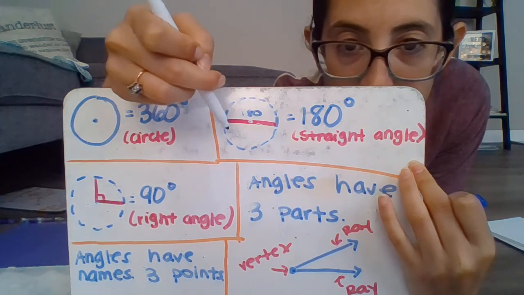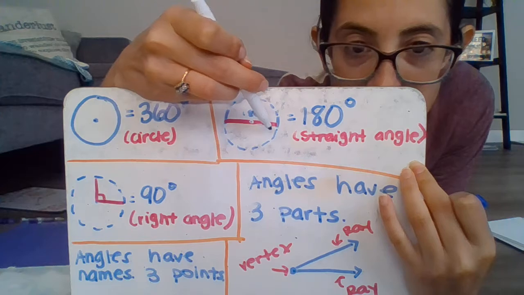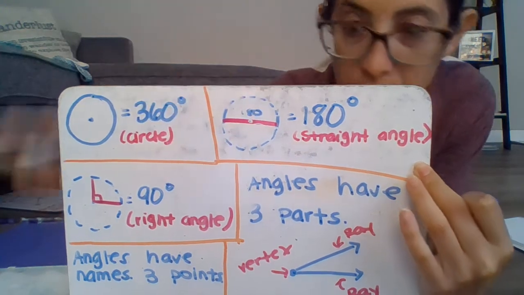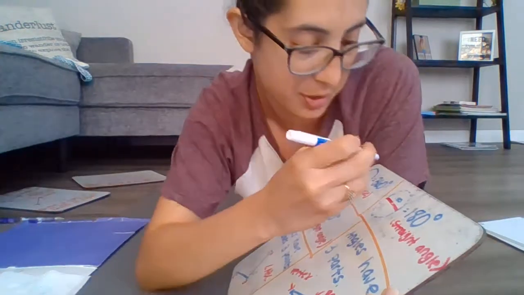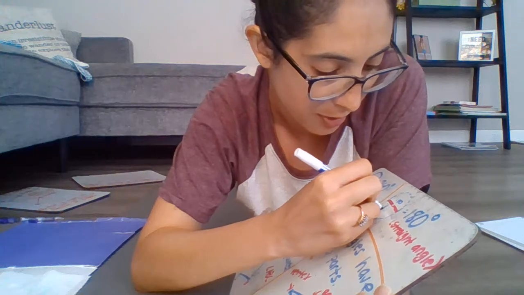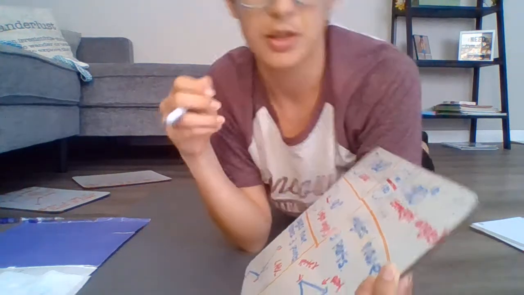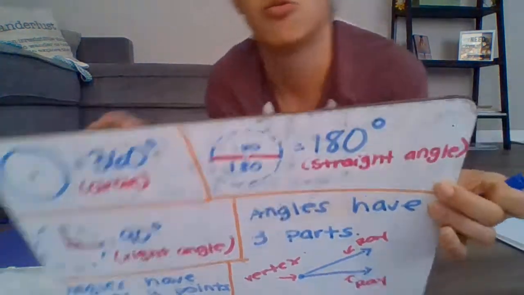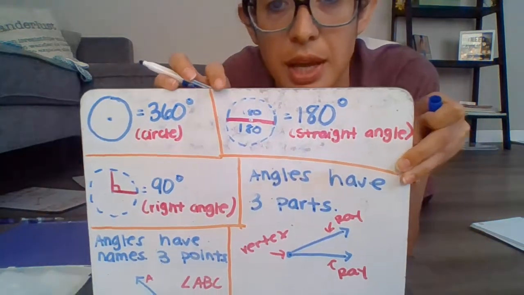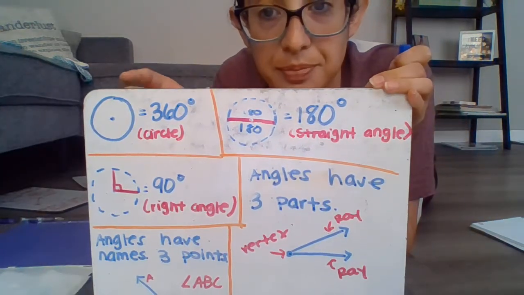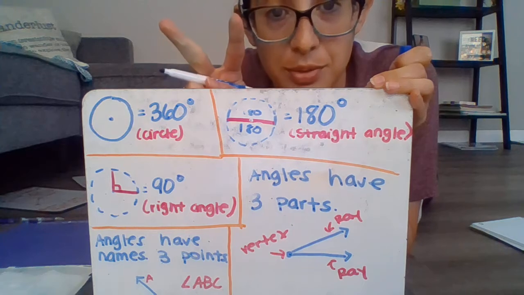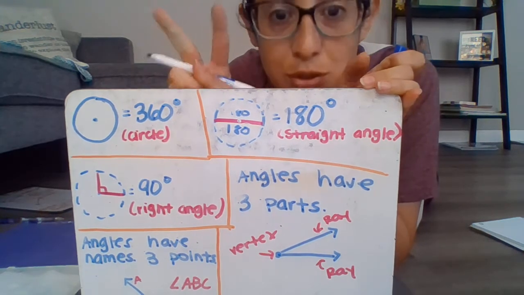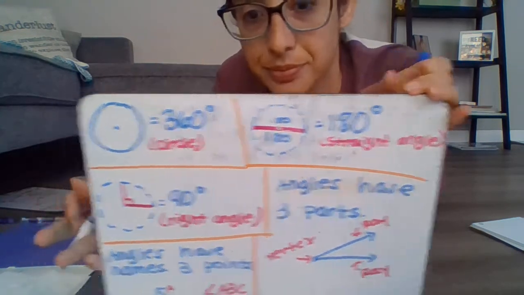What can I say about this angle right here? It is also 180 because it's a straight angle. It's just underneath. So how many 180 degrees angles does a circle have? 2, right? So if you cut a circle in half, that's 2 180-degree angles.